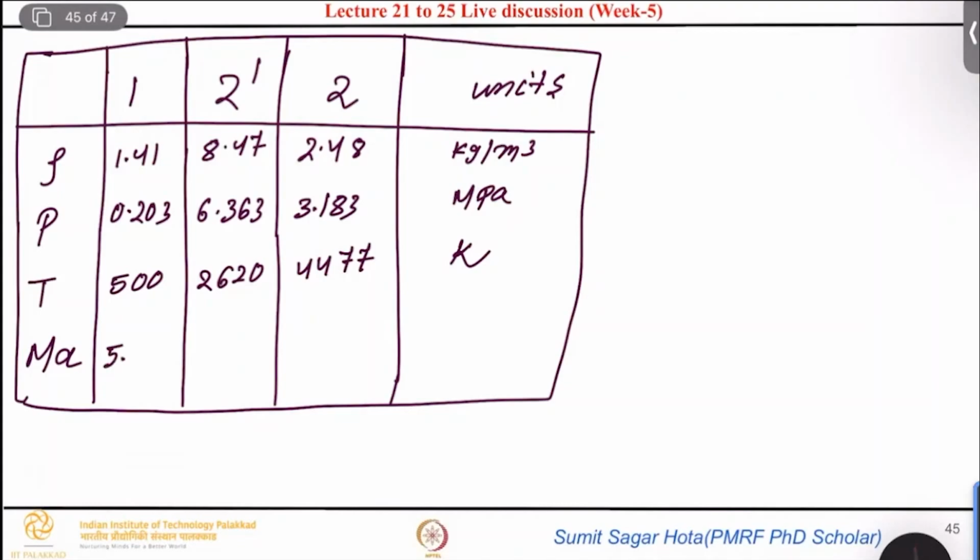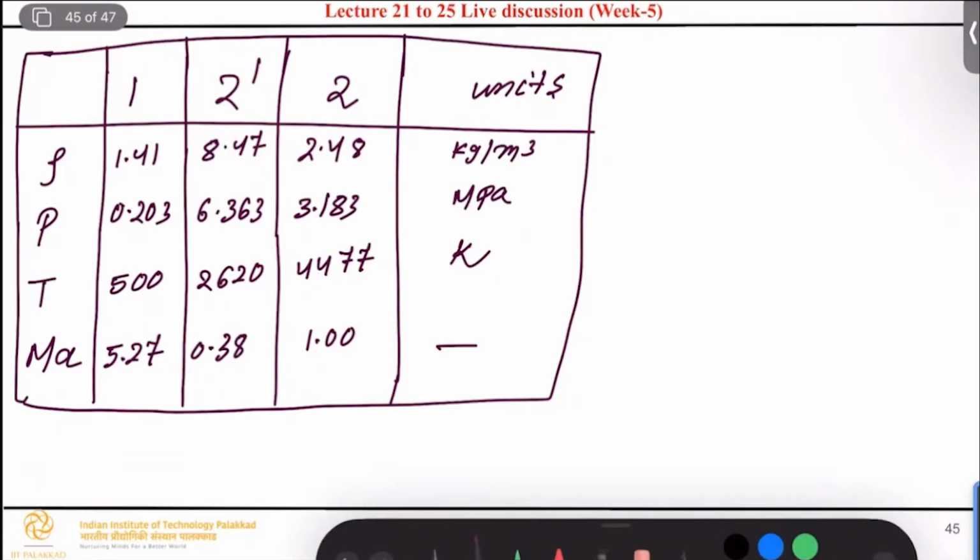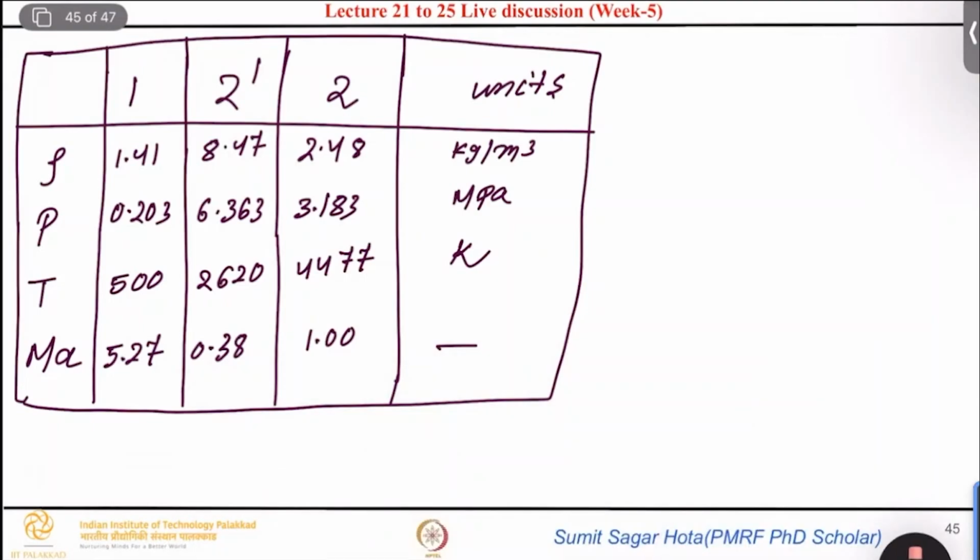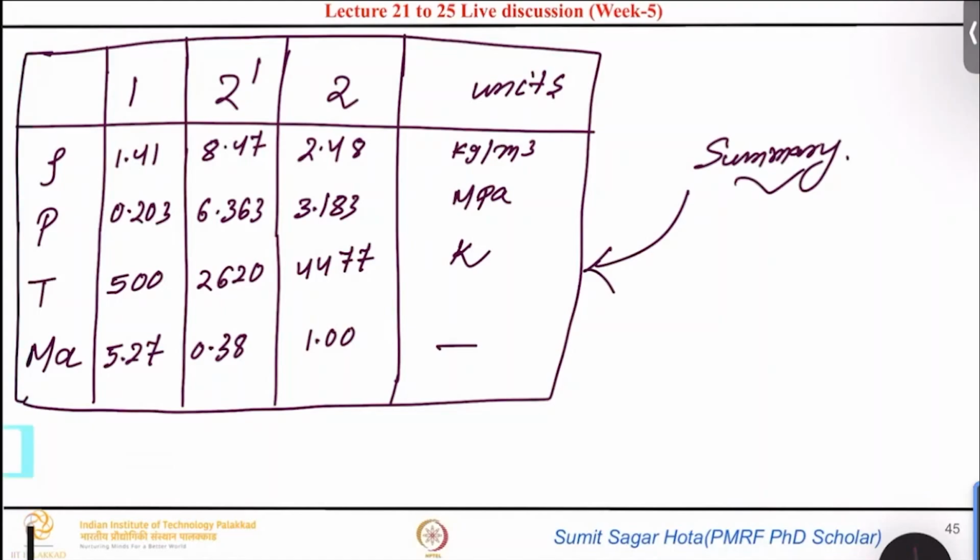Mach number: 5.27, 0.38 and 1. This is the summary of the results.